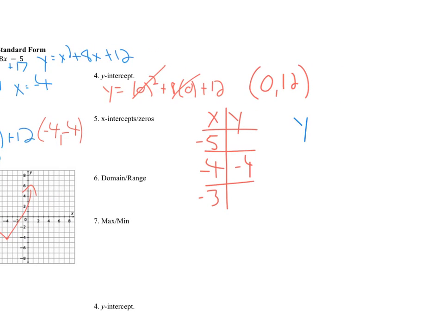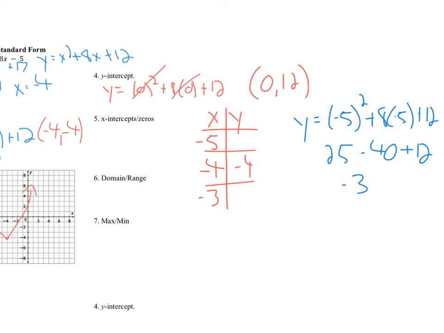So we get y equals negative 5 squared plus 8 times negative 5 plus 12. So that gives us 25 minus 40 plus 12. So then we get negative 3. And then we know this is negative 3. Well, that didn't give us our 0, so we need to pick some more points. So we'll go some more points on each side.